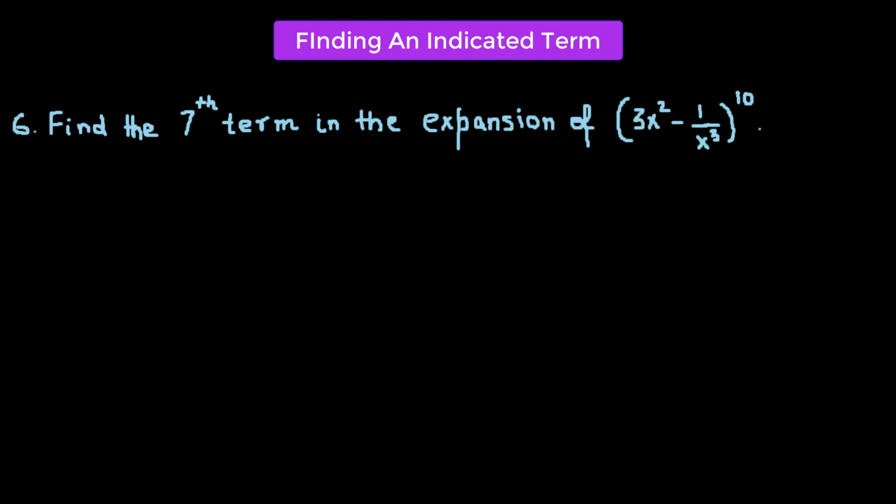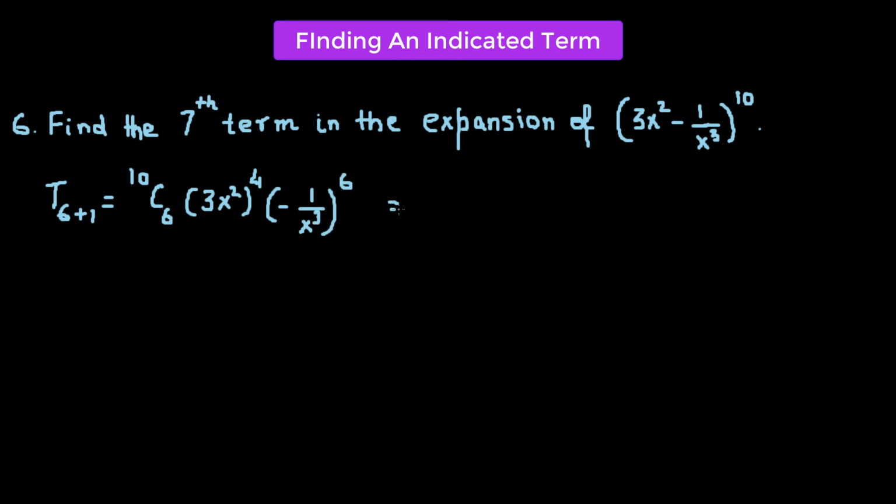So we're given a binomial expression, and here we have to find out the seventh term. So let's do it. So we have t6 plus 1. I'm typing straight away this time. So t6 plus 1 is going to be 10c6, and we have 3x squared raised to the power of 10 minus 6, which is 4, times negative 1 over x cubed raised to the power of 6.